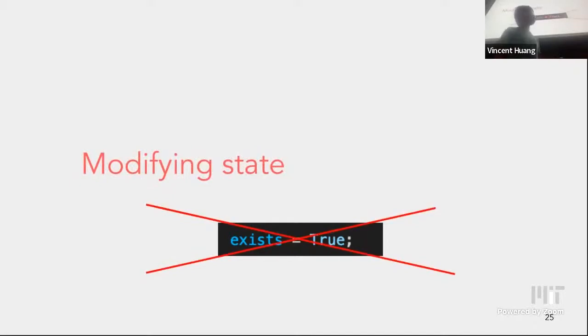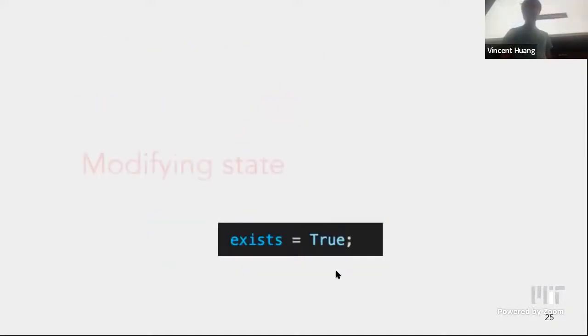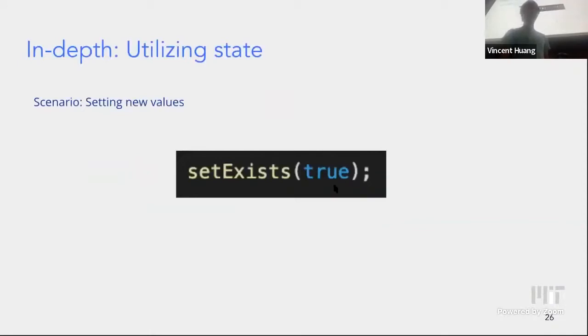Instead, we want to use a special function associated with each state variable, which allows us to modify the state. So instead of modifying state, we will set state. Earlier we defined an exists state with a setExists function, and then we call that same setExists function here and set exists to be true.